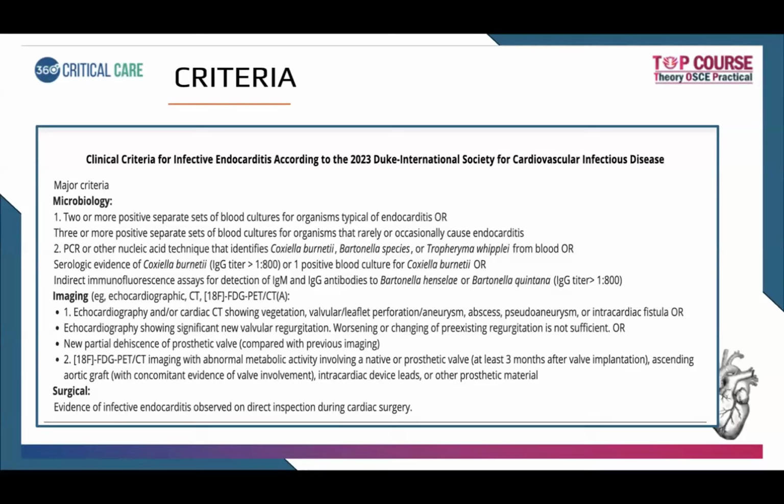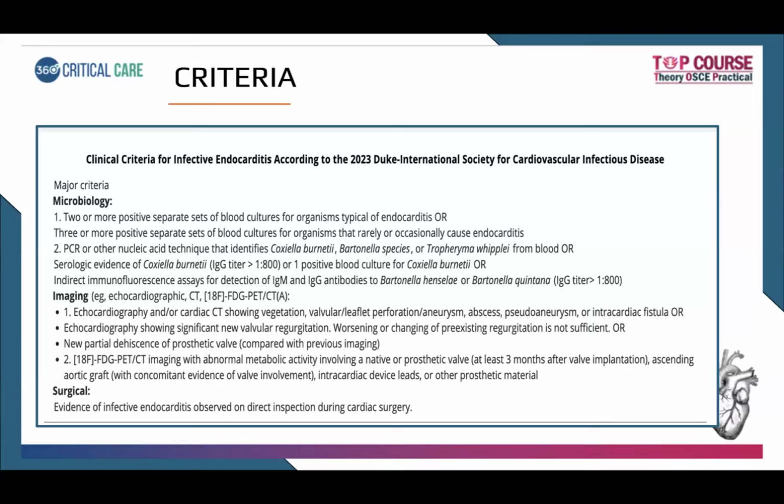Second is PCR or nucleic acid techniques that identify Coxiella burnetii, Bartonella species, Tropheryma whipplei from the blood, or serological evidence of Coxiella burnetii, and indirect immunofluorescence assays which detect antibodies to the rare organisms. So this is the microbiological major criterion which should be positive to diagnose infective endocarditis.